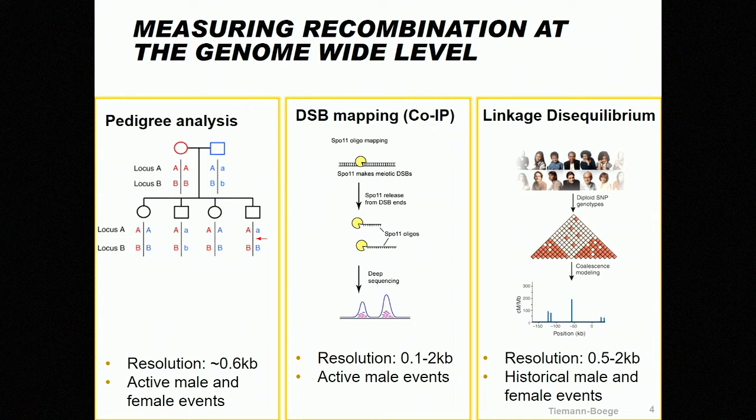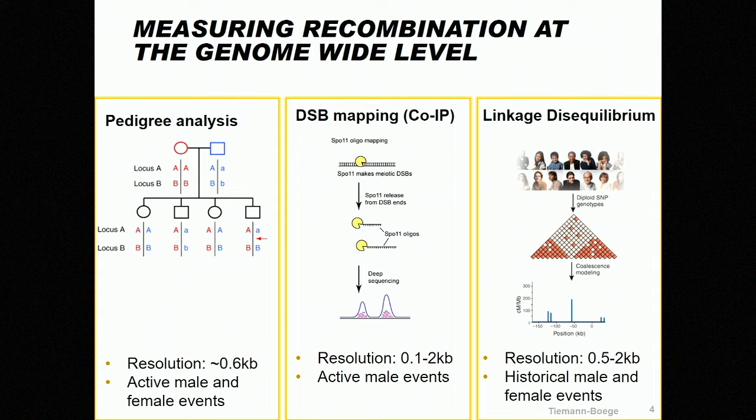And then the last method came once we sequenced the human genome and genotyped it with HapMap. The group of Peter Donnelly, together with Simon Myers, started to categorize the genotype information from HapMap into haplotypes, trying to extract the information of where haplotypes are broken up.